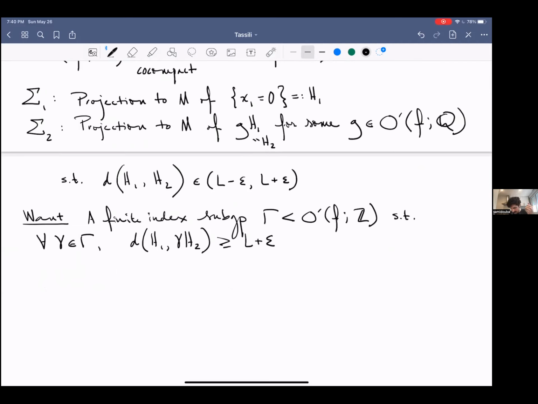And that's because, in fact, we know precisely what this distance is.